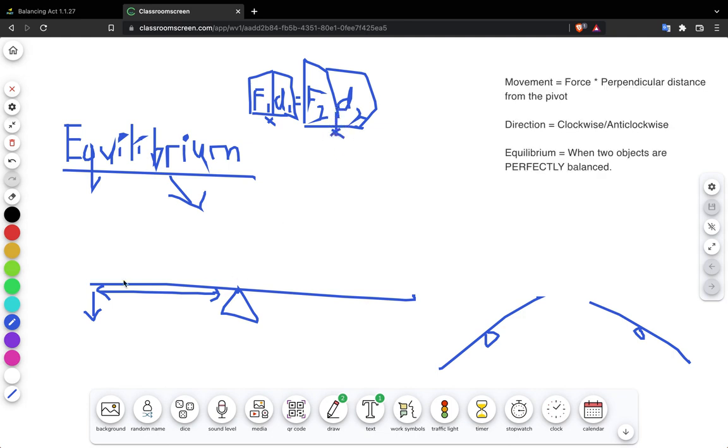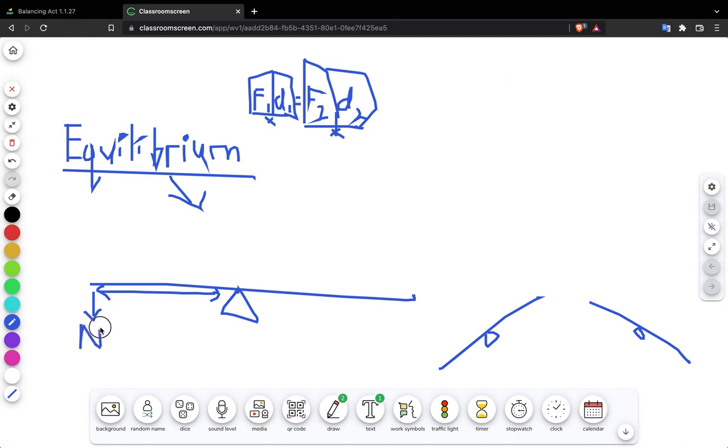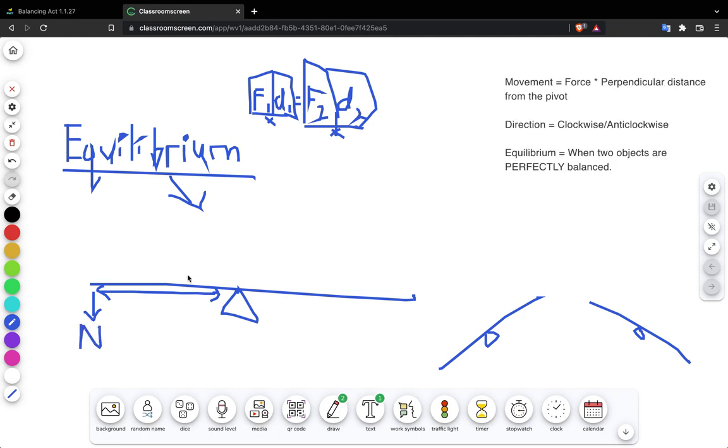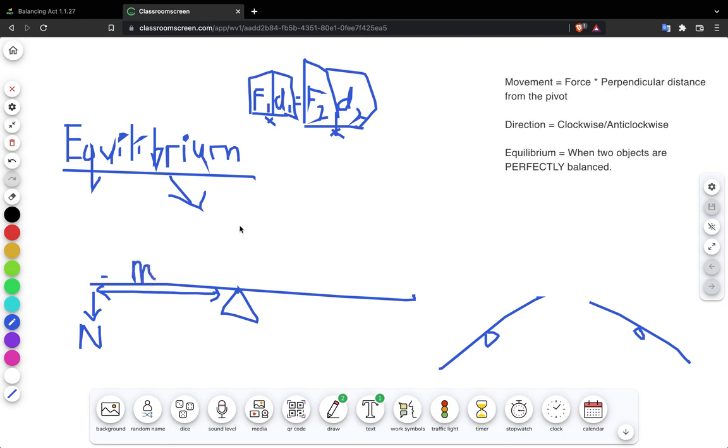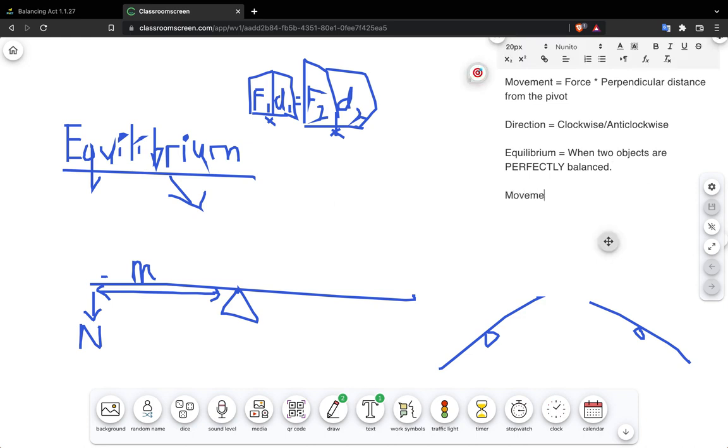So F1, the first force, in newtons, multiplied by distance one here in meters. Also guys, the moment, let me just write that down. Moment is normally written in Newton meters, not Newton centimeters. You can do that too, but let's not get into it now.